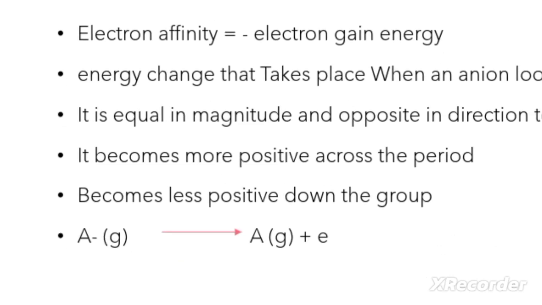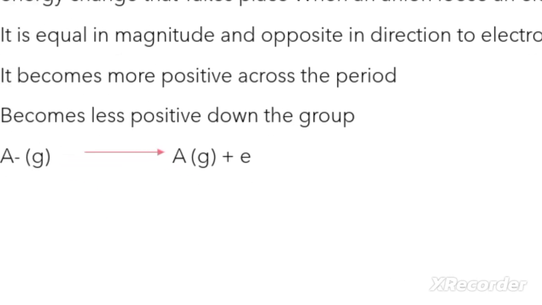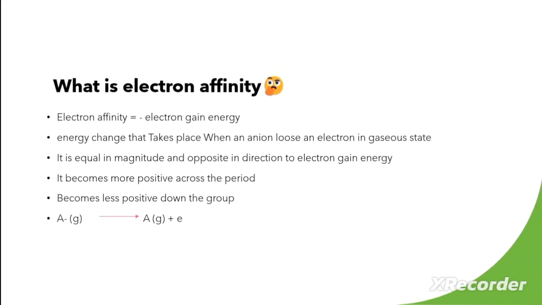A minus anion in the gaseous state releases an electron and becomes a neutral atom in the gaseous state. Energy can be released or energy can be taken during this reaction. That energy change is known as electron affinity.